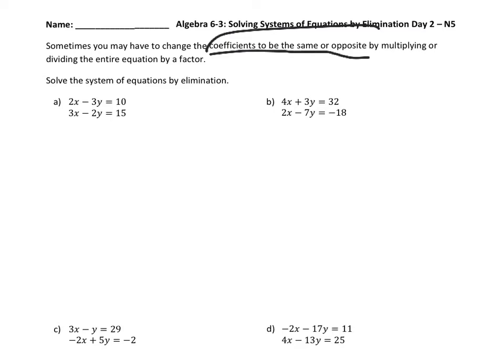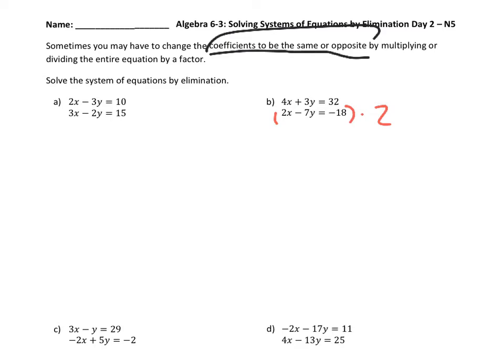Well, if I multiply the second equation by 2, I would make x become 4. Then both equations would have 4 x's, so I could subtract them and eliminate them. So my best bet for letter B is to multiply the second equation by 2.